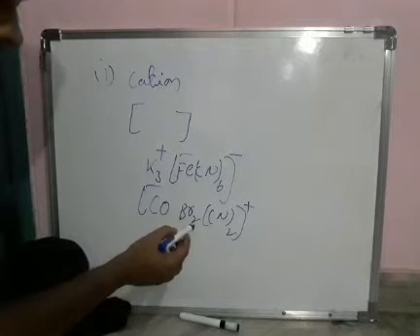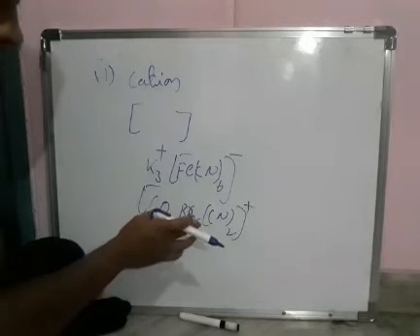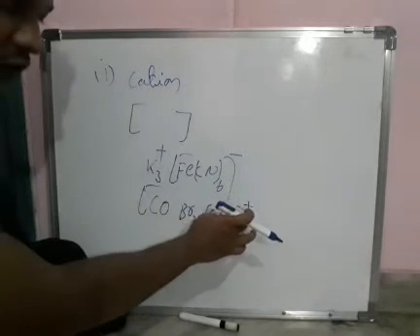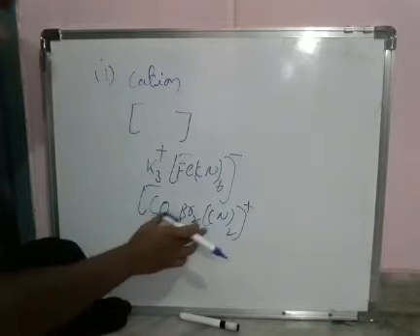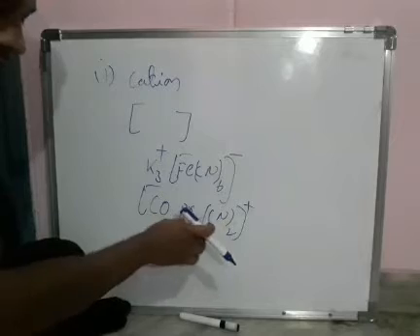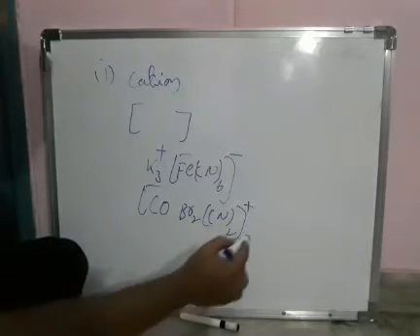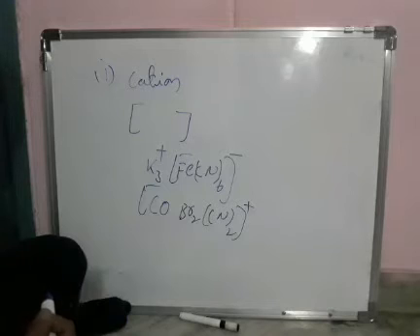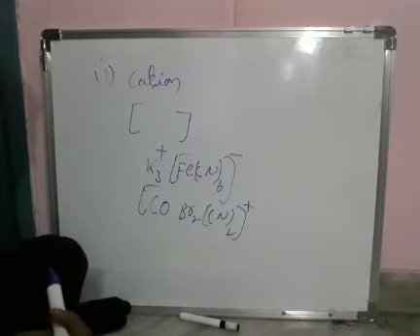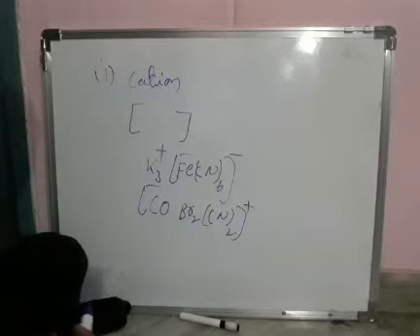So while writing the IUPAC name or formula of the compound, first we have to mention the positive part, and after that the coordination sphere with ligands and central metal atom, and after that the counter ion. Like that we have to follow the rule while writing the formulas of the compound.